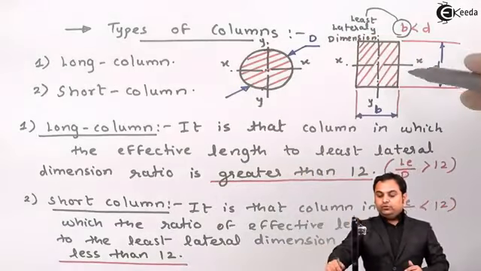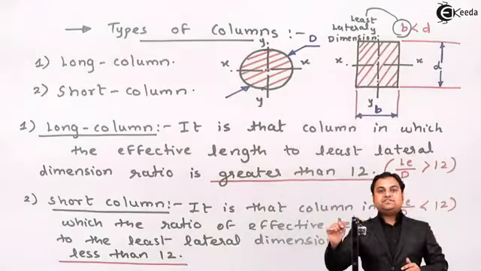So here, if I want to know whether this rectangular column is long or short, I'll calculate the ratio of effective length by B. For the rectangular column, first case, if effective length upon B, that is the least lateral dimension, comes out to be greater than 12, then it is a long column.